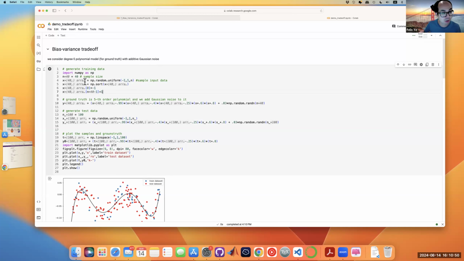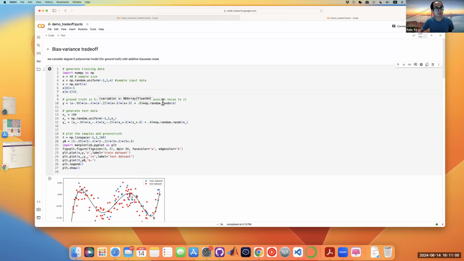I come up with 40 data points here. And this is my ground truth, which is quite complicated. The ground truth is, as I said, a degree 5 polynomial, and we add some Gaussian noise.